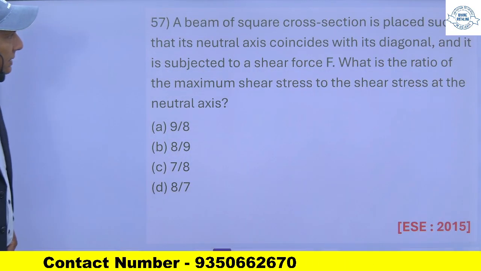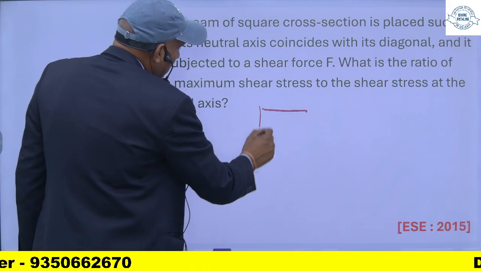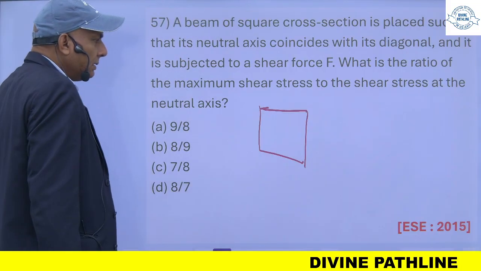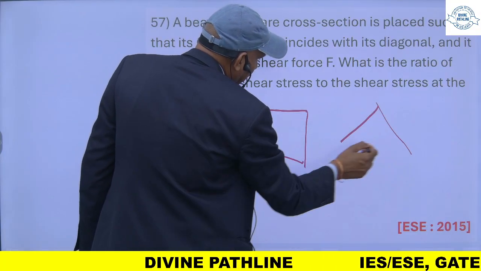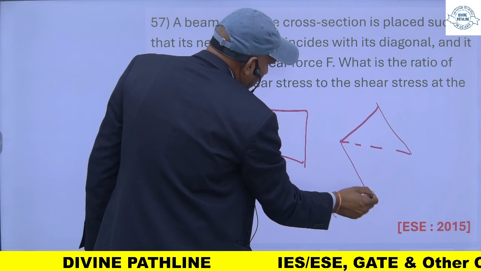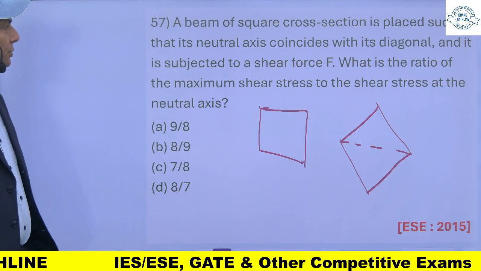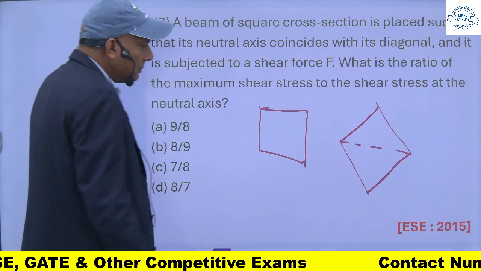A beam of square cross section is placed in such a way that its neutral axis coincides with its diagonals.